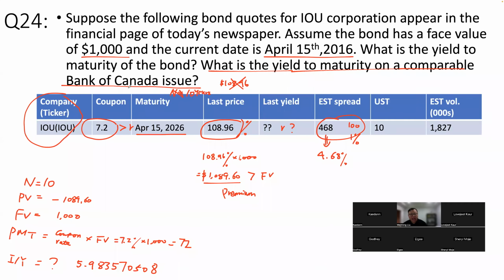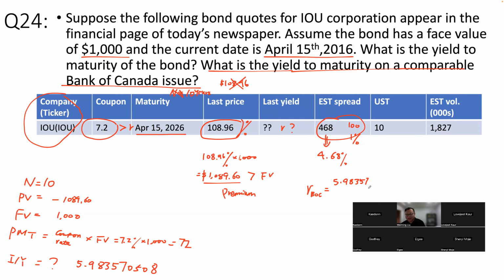Okay, the Bank of Canada issue, this is a risk-free investment. Of course, if it's risk-free, you are not taking the risk, your risk is lower. So now this yield will be the Bank of Canada, the comparable issue, which is 5.98357.